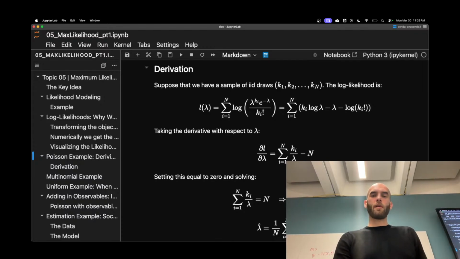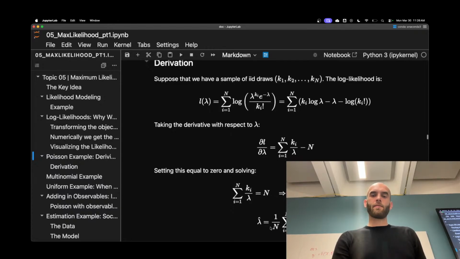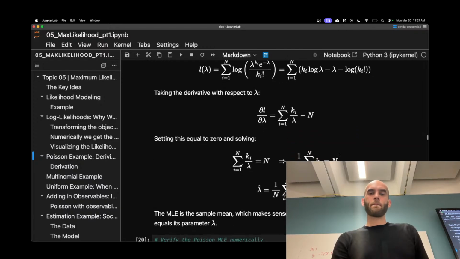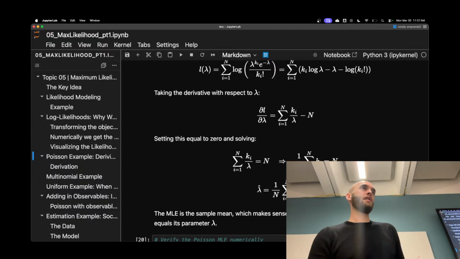Then we rearrange, and our estimated lambda is just 1 over n times the sum of the k_i's, which is just our average k. So again, with the MLE, we get exactly the mean of the Poisson distribution. This is not always going to be the case, but it is in this case.